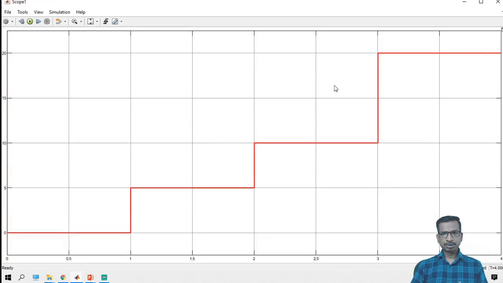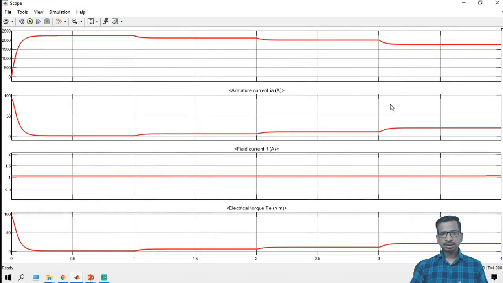Yes. So initially it is no load and then a quarter load and then half of the load, and finally we are applying the full load. So like that, if you apply to the motor, then let us check the responses.